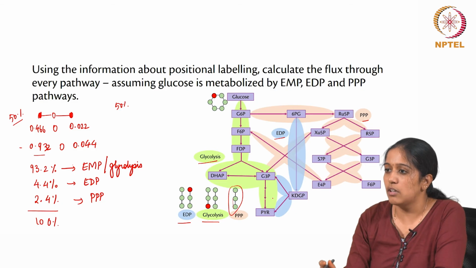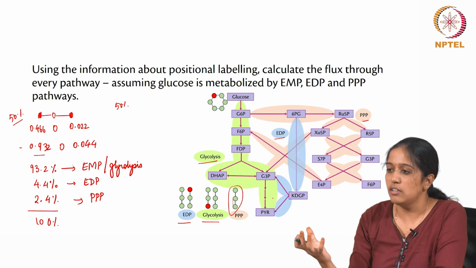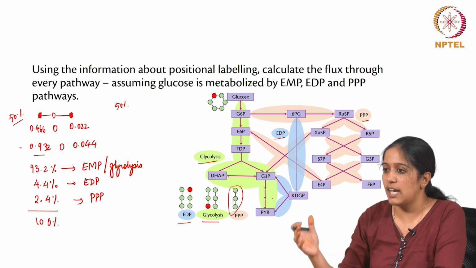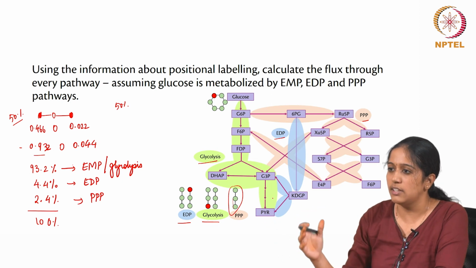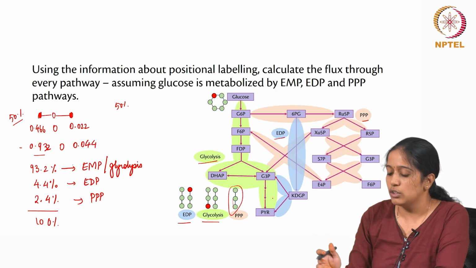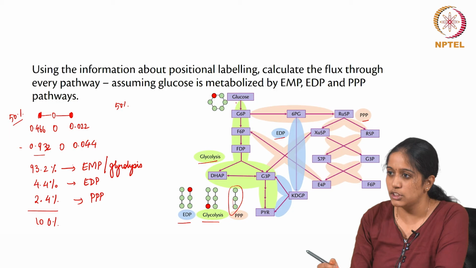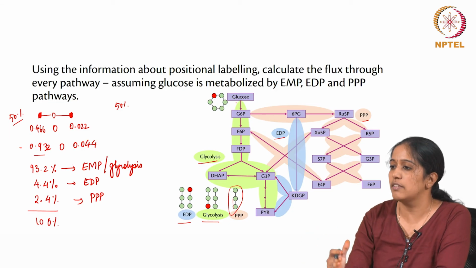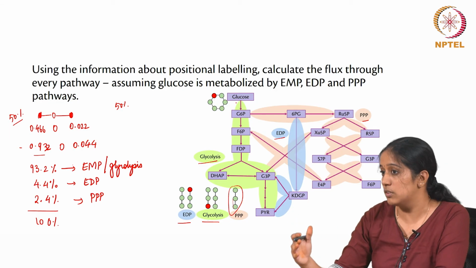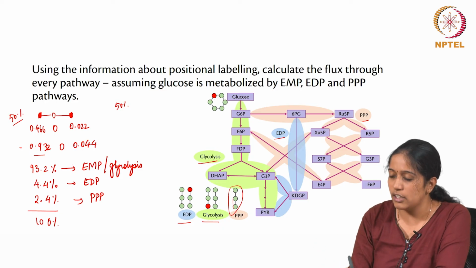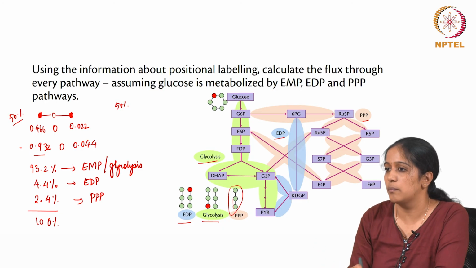The enzymes do not reshuffle the carbon bonds in random orders. They have specific orders in which they scramble the bonds. So, if glucose comes via glycolysis to pyruvate, only this set of enzymes acts over glucose, and because of that, you have an understanding of where the label came from.